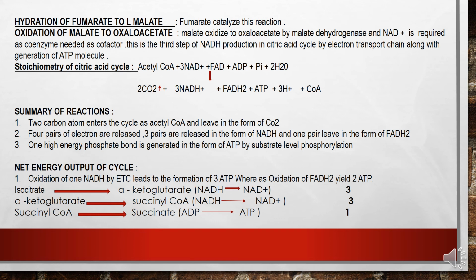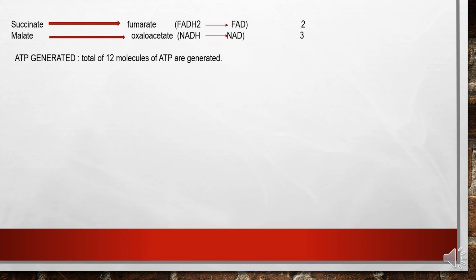Succinyl coenzyme A gets converted into succinate, where GDP converts into GTP and 1 ATP is released. Then succinate gets converted into fumarate, where FADH2 is formed and 2 ATP get released. Malate gets converted into oxaloacetate, NADH is formed and 3 ATP are released. In total, 12 molecules of ATP are generated in this cycle.